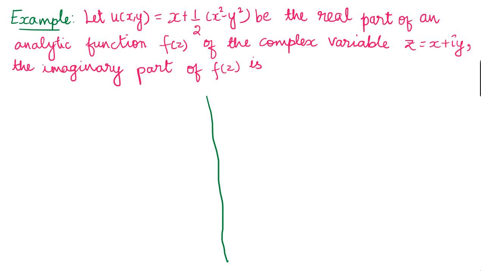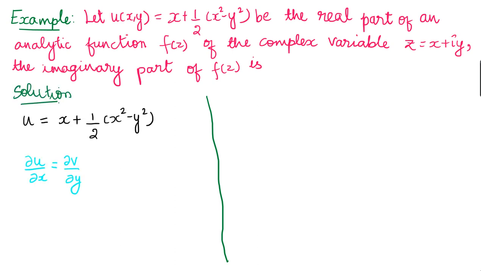Here we are given u to be the real part of an analytic function and we have been asked to find the imaginary part. So u is the real part, then v will be the imaginary part, and it is an analytic function. We know that u is given as x + (1/2)(x² - y²), and since this is an analytic function, it satisfies the CR equations.